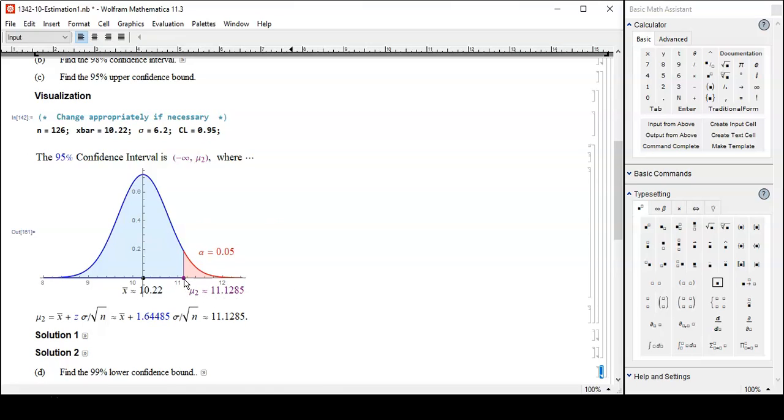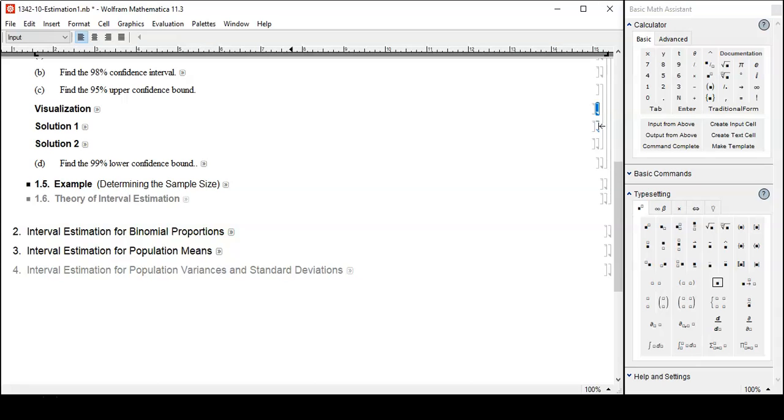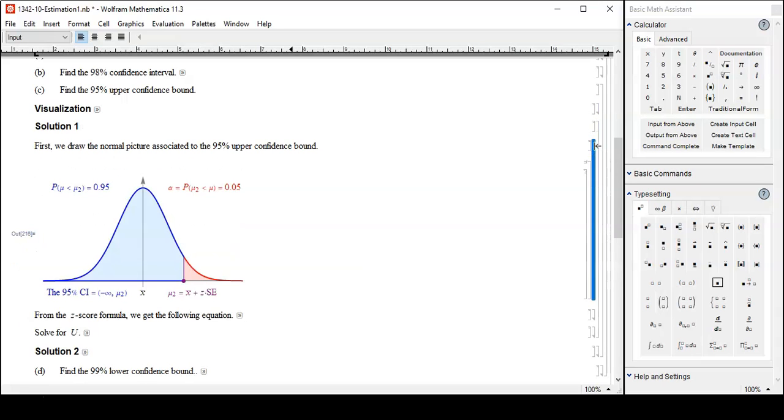Now, let's find this upper confidence bound, which I'm going to call U. All right, here's a picture. X bar is the center, and then this is the upper confidence bound U. And how do we find it? As usual, you're going to use formula number 1, n minus center over SE.